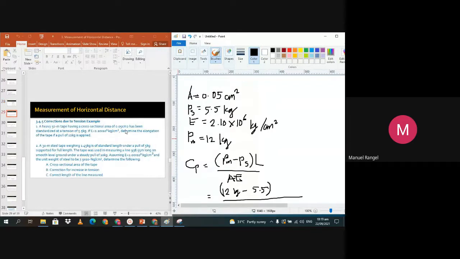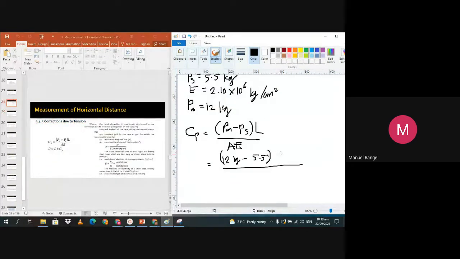Naka-specify is 50 meters, the tape length, divided by the cross-sectional area, 0.05 square centimeter, times 2.1 times 10 raised to 6.